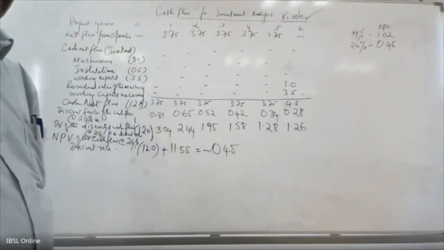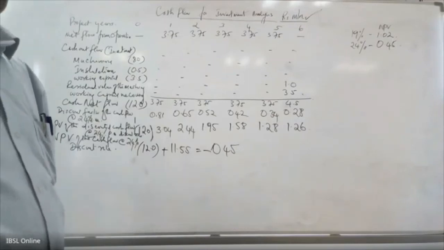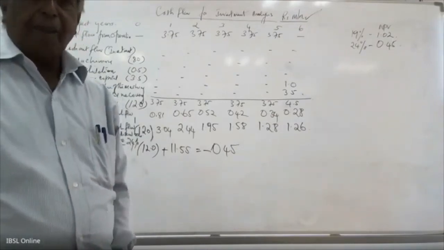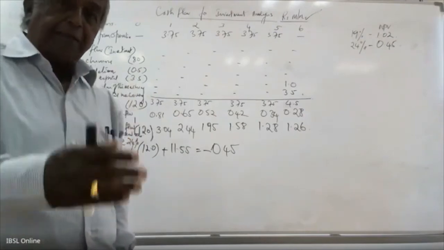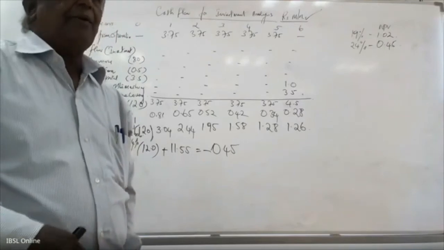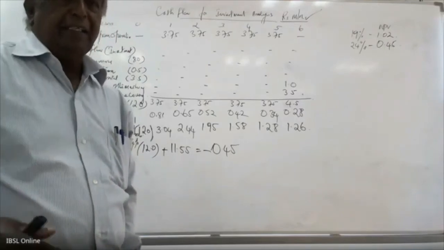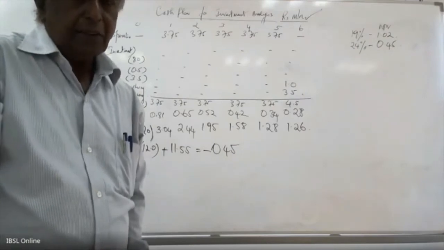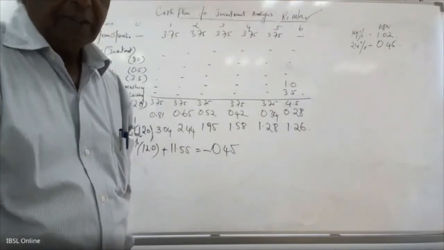So we call it the trial and error method. Those days when we were doing this project analysis, sometimes 4 or 5 times we had to increase or decrease the discounting rate and again do the calculation. We were doing like that. Those days no computers, only with these calculators.